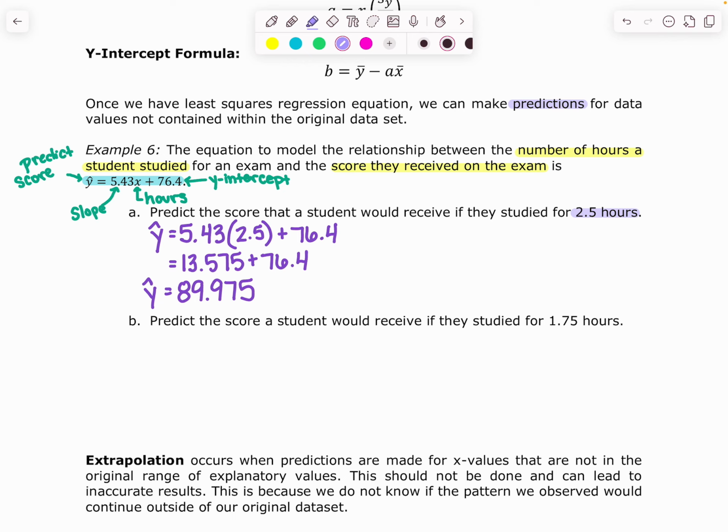So now predict the score a student would receive if they studied for 1.75 hours. So we're doing the same thing, but now instead of 2.5, I'm plugging in 1.75. So I'm still predicting using the equation. Still going to do my multiplication first. And that multiplication is 9.5025.